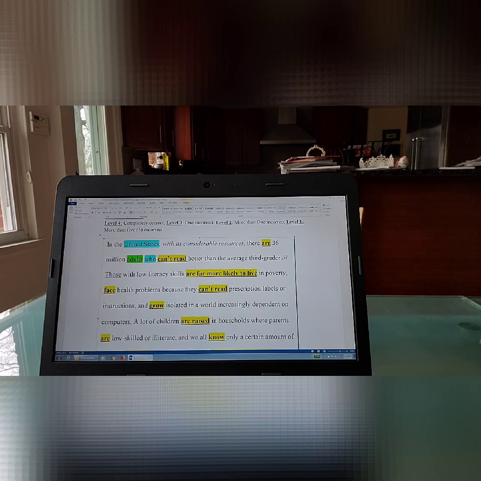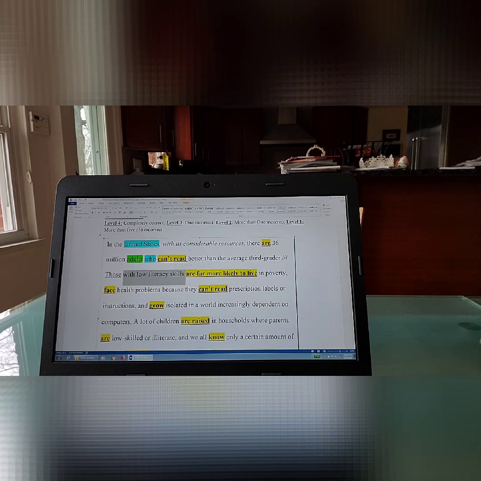Now, then we have the next sentence. Those with low literacy skills, right? Now, again, with is what? A preposition. And just like the with here, with its considerable resources, right? With here is giving you a preposition and it's starting a what? A prepositional phrase.